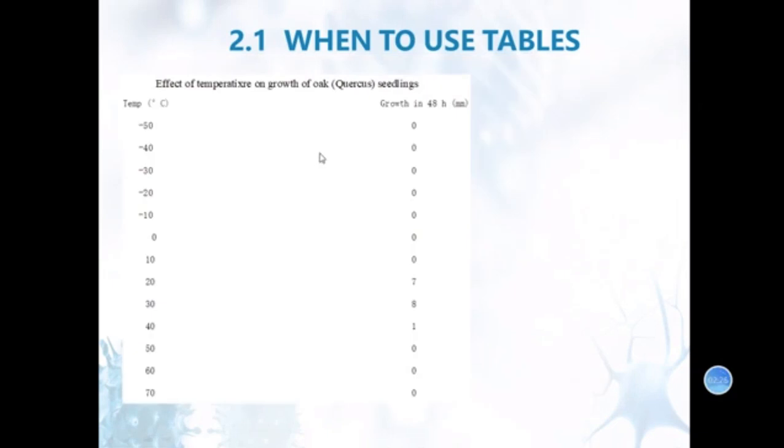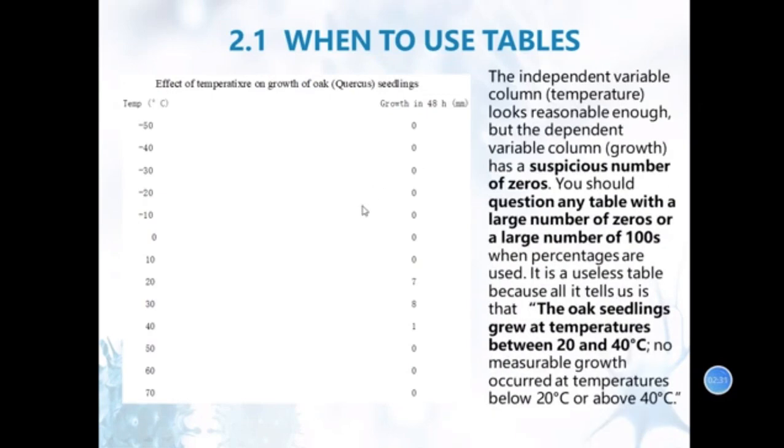How about this table? Is it good? Is it necessary? Also, perhaps it's not. The independent variable column, like the temperature, looks reasonable enough, but the dependent variable column, growth, has a suspicious number of zeros, then a large number of zeros, then a lot of zeros.